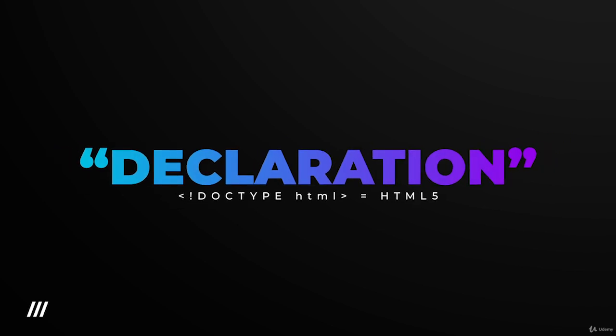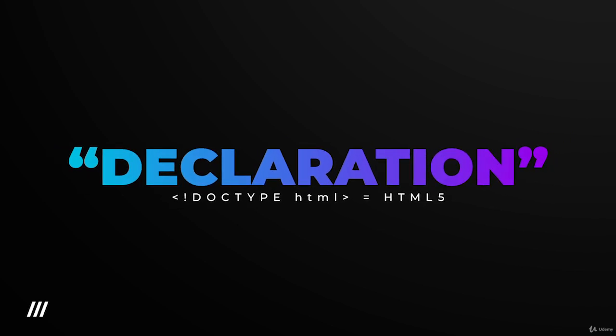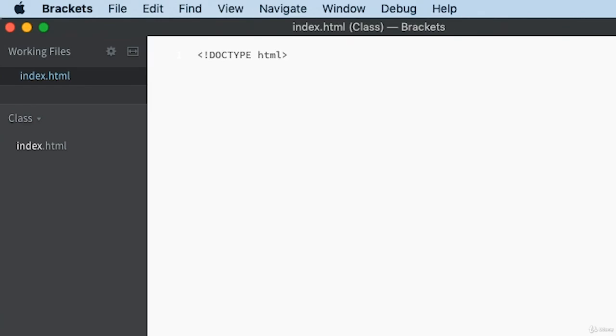So this is known as a declaration. It tells our browser exactly the version of HTML we're using, in this case, HTML5. If you're using XHTML or HTML 4.01 or something else, then your declaration is going to be different, but we're just going to stick with the basics for now.